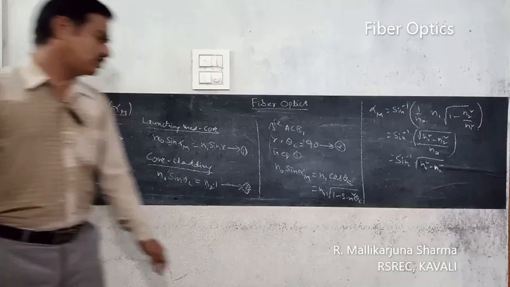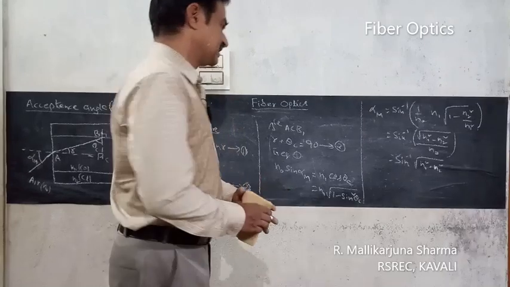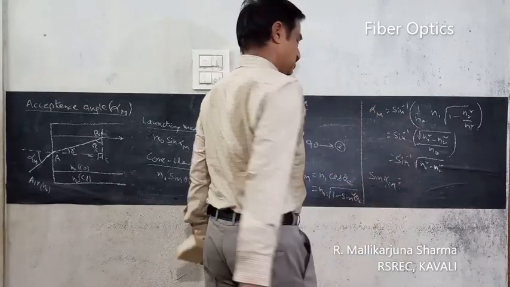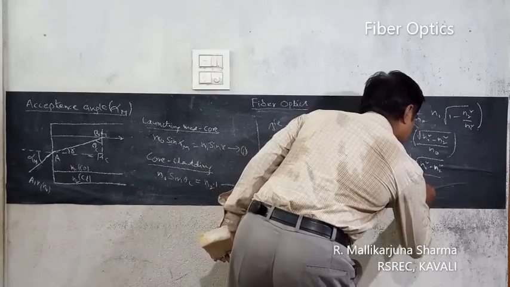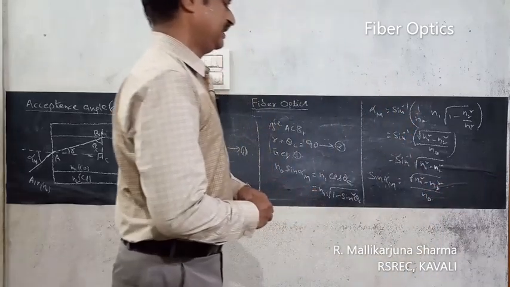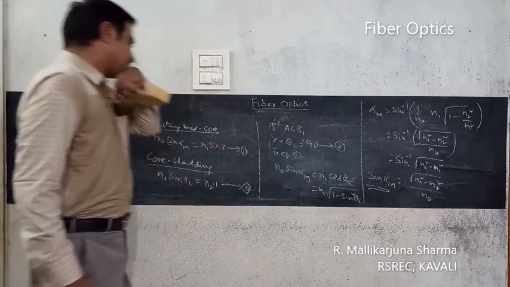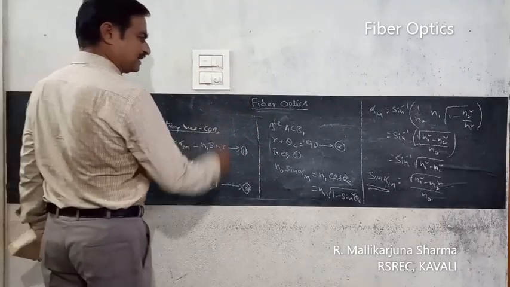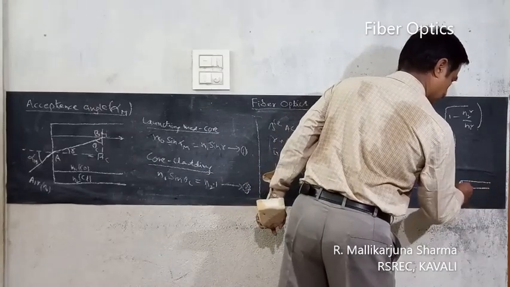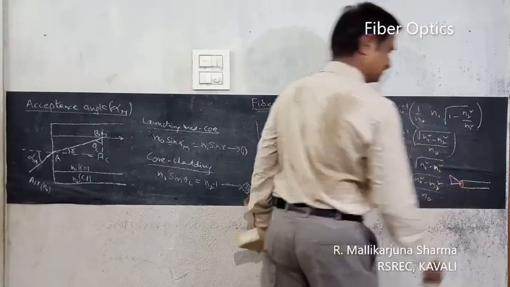Then we have one more meaning from this expression. If we write it simply, sin alpha m is root of n1 square minus n2 square divided by n0. Take this triangle for an optical fiber, with the light entering like this.